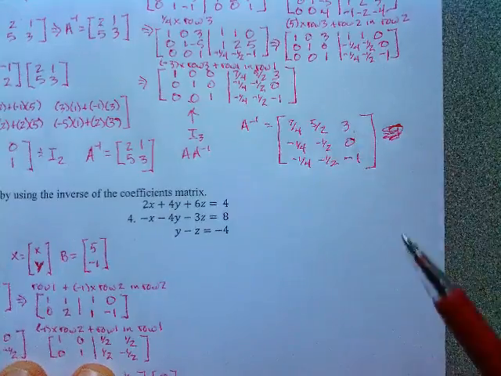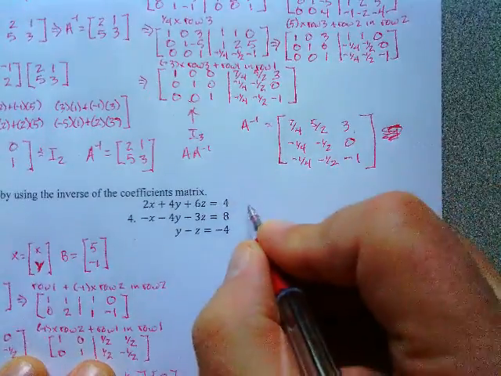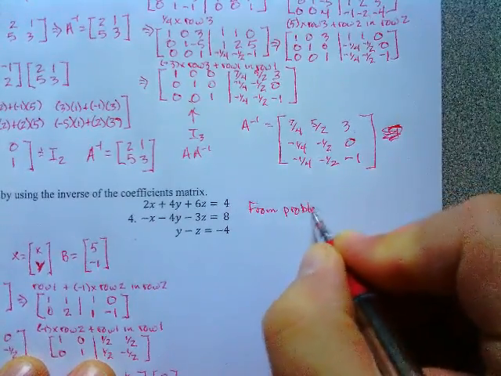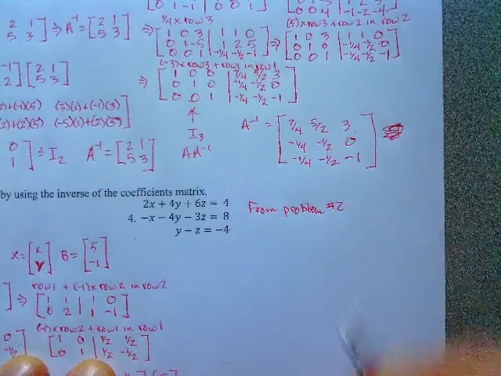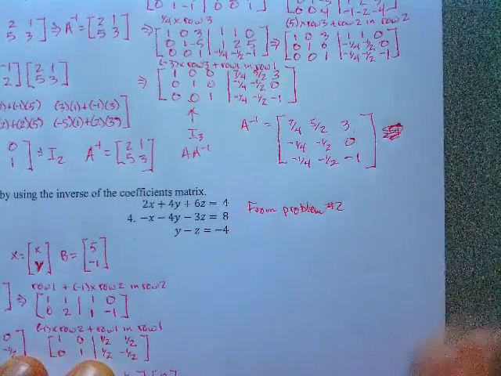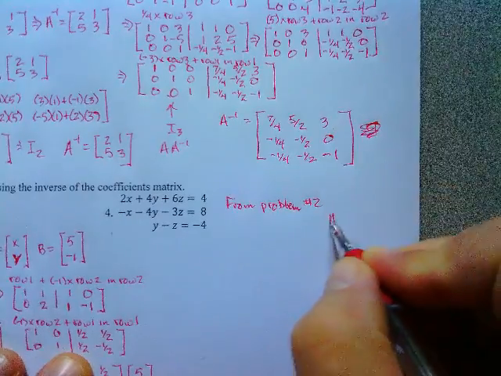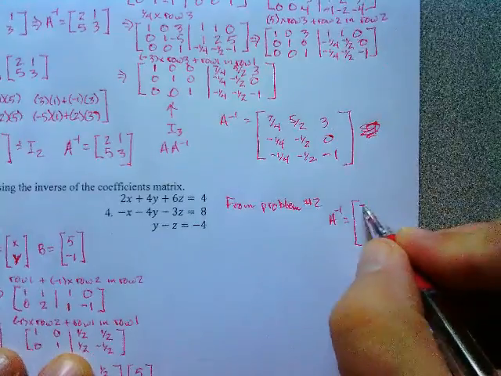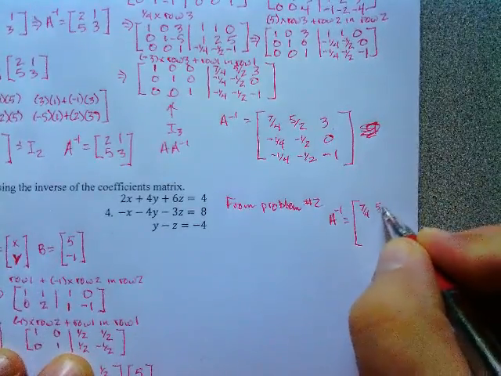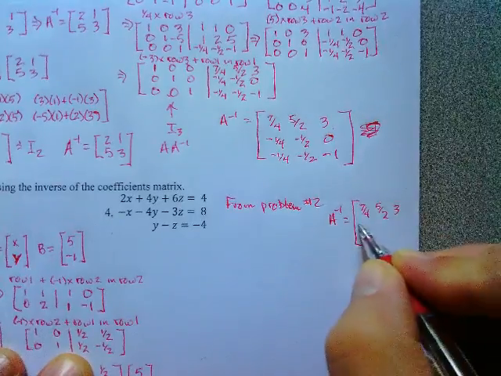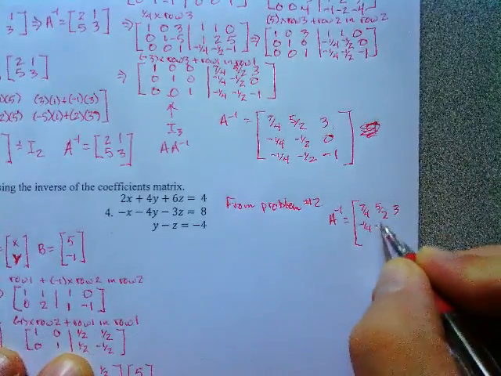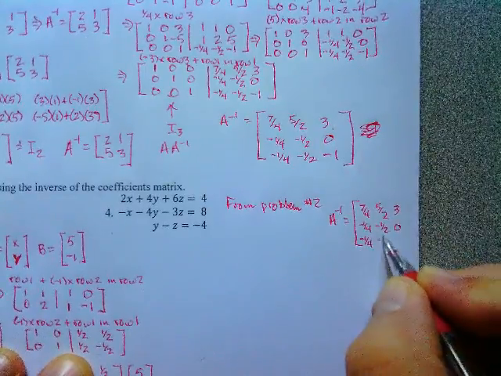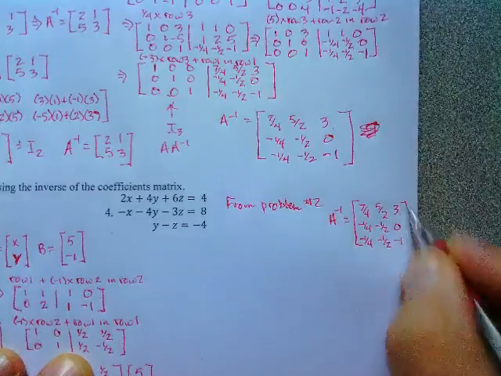Now, we already went ahead and found, so from problem 2, we already have our inverse. Our inverse is the 7/4, the 5/2, the 3, the -1/4, -1/2, the 0, and the -1/4, -1/2, and the -1.